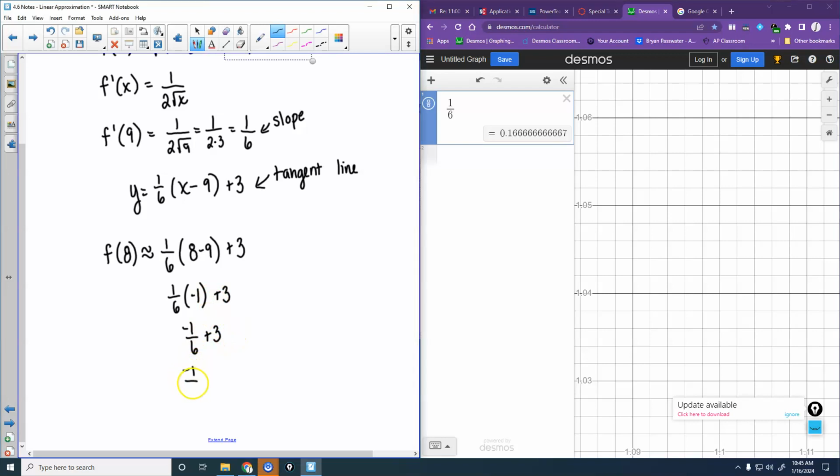Negative 1/6 plus 18 over 6, which is going to give us 17/6 for that. Or if you want to use a decimal, it should be 2.83 repeating. Is that right?